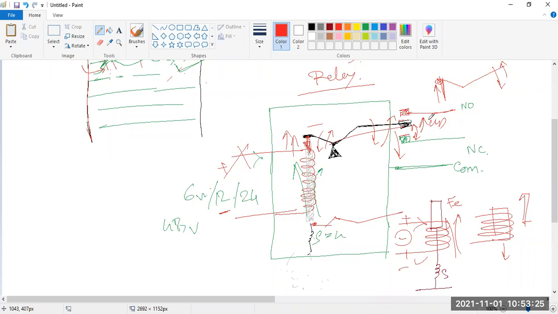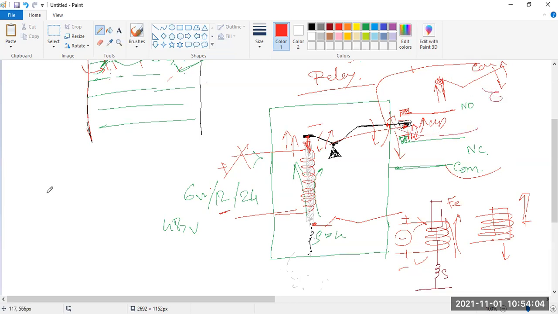But now what happens? NO is normally open and NC is normally closed, because in general, when no voltage is applied, no current is applied, at that moment this plunger, this terminal and the NC are touching. So if I put some current, say this is the common, this is the neutral, and the NC, then current is flowing through here.